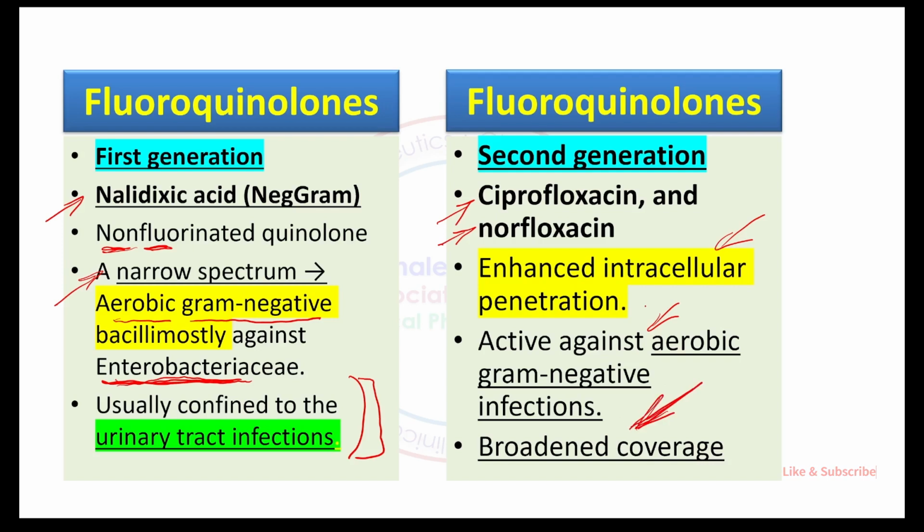So the second generation, ciprofloxacin and norfloxacin, has enhanced intracellular penetration, effective against aerobic gram-negative infections. And if you compare it with nalidixic acid of the first generation, this group of medication has broadened coverage of bacteria.